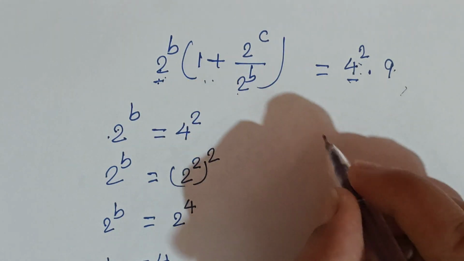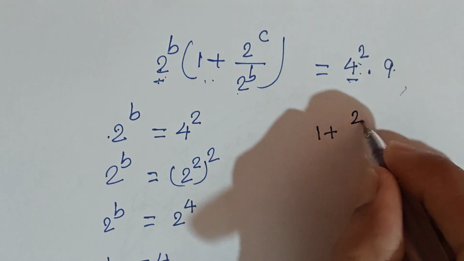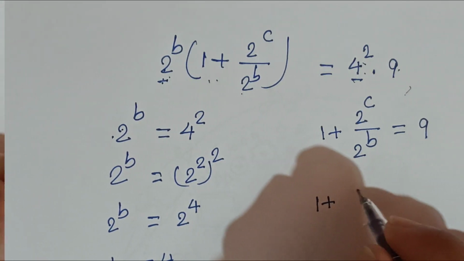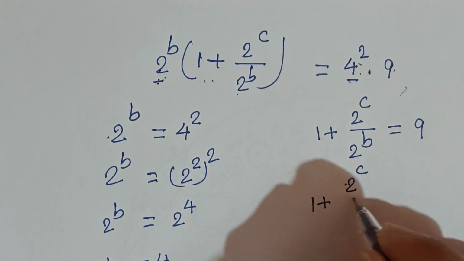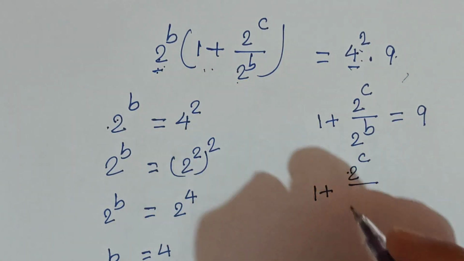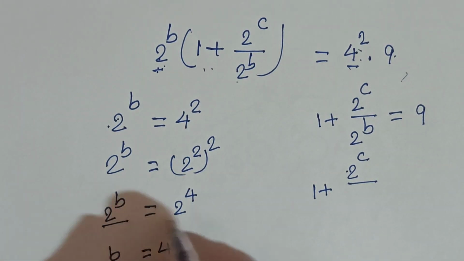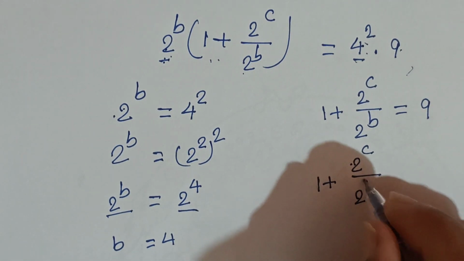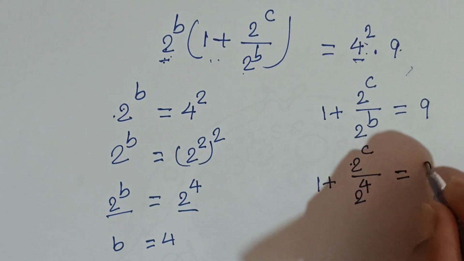Here 1 plus 2 to the power c over 2 to the power b is equal to 9. Put the value of 2 to the power b: 2 to the power 4.